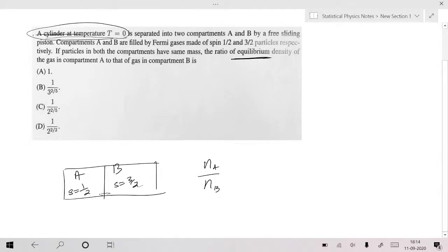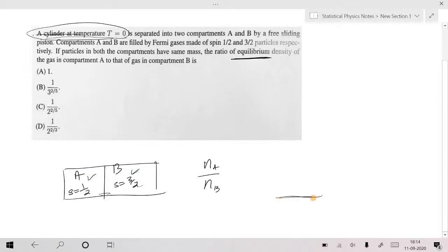Can you see that part? He's not talking about volume. If volumes were equal, I think you would have done something. If volumes were equal, your spatial states would be the same. The number of spatial states for this one and this one, the density of states, would be equal. You could have done something.